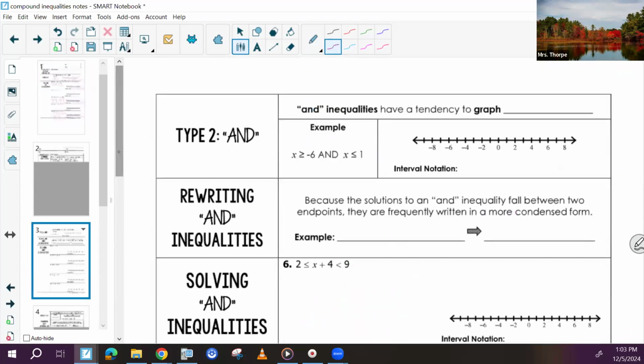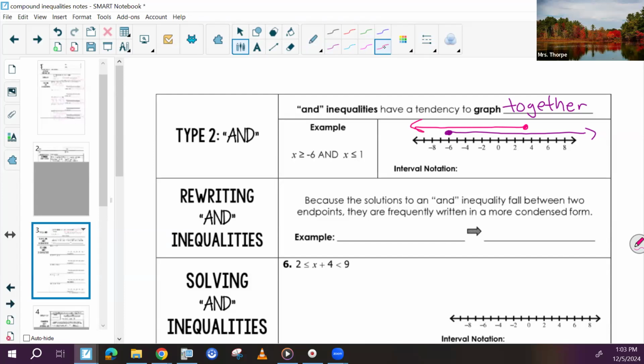Okay, and then in general, and inequalities have a tendency to graph together instead of apart. That would look like this. If I start to graph this, x is greater than or equal to -6 would be closed at -6, going to the right. X is less than or equal to 1 would be closed at 1, going to the left.